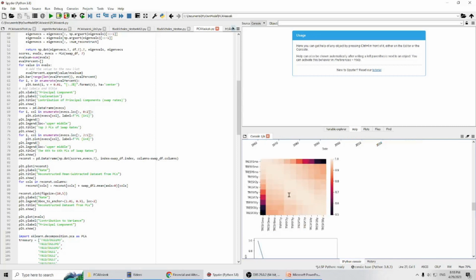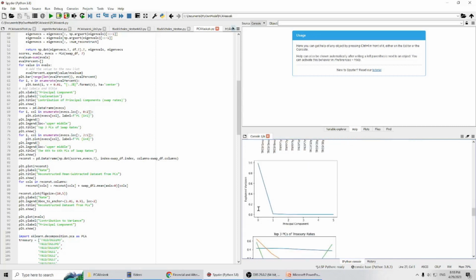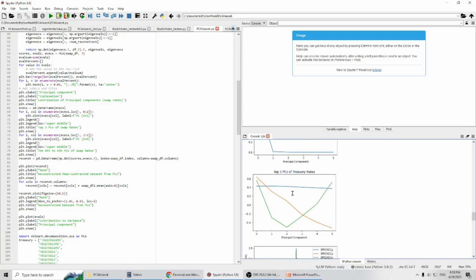And we can also check the correlation between different Treasury rates. And also we can check the variance explained by the principal components. You can imagine the first principal component has most of the contribution. And similarly, we can also check the top 3 principal components of the Treasury rates. This is very similar to the swap rate.